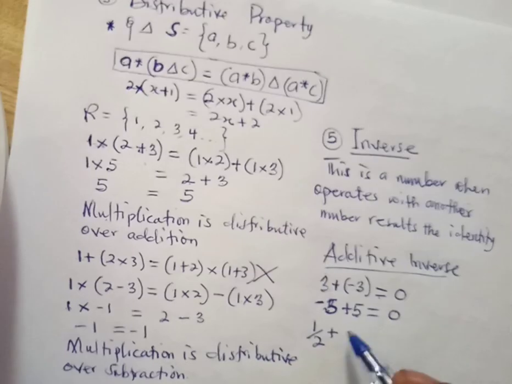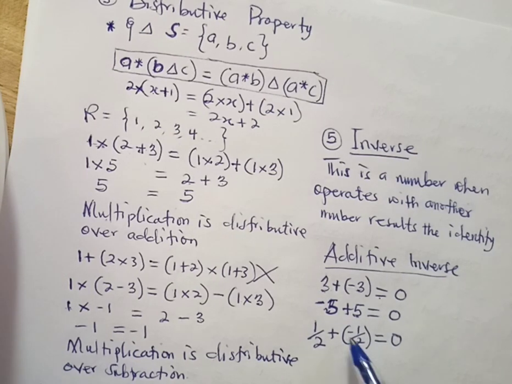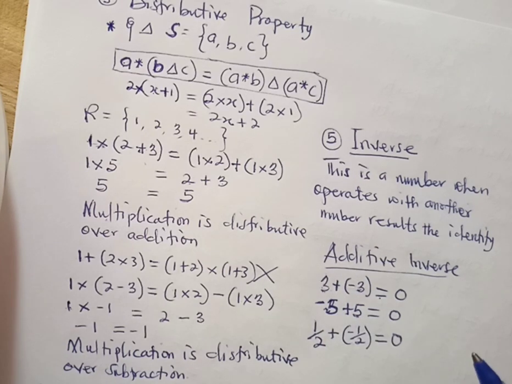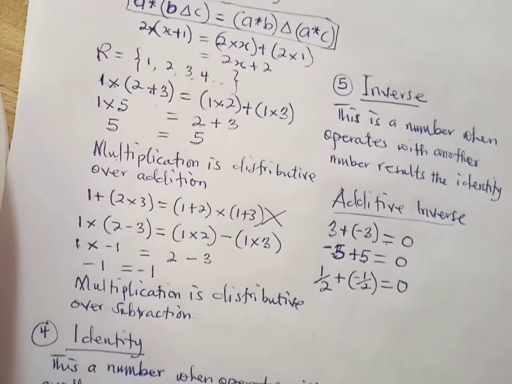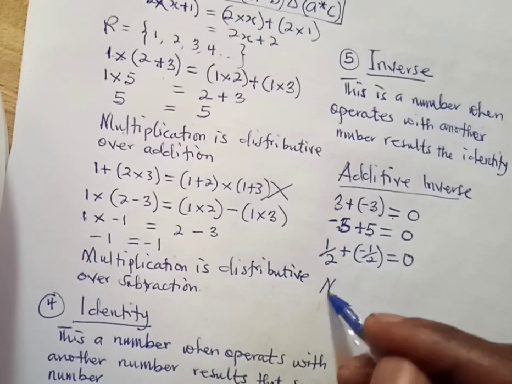I have to add negative half, which will give me 0. So negative half is the additive inverse of half. This 5 is the additive inverse of negative 5. This negative 3 is the additive inverse of 3. Have you gotten that? Great. So that is the additive inverse. Now let's look at the second type, which is what? Multiplication.